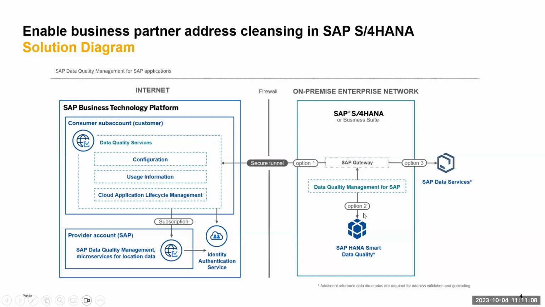Optionally, you could have option 2 or option 3. Option 2 is using the native SAP HANA smart data quality capabilities supported on the HANA database layer. Or if you have data services customers, you can also use the data services on premise to connect from the DQM for SAP add-on to do the address validation.